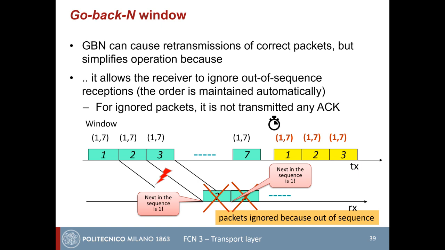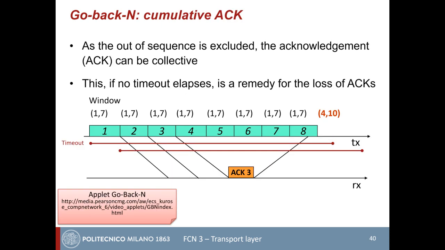In Go-Back-N, the receiver ignores all the packets that have been received out of sequence, and this is much simpler. Since the receiver always discards packets that are out of sequence, it also implies that the ARQs sent by the receiver will always be for packets that are in sequence.